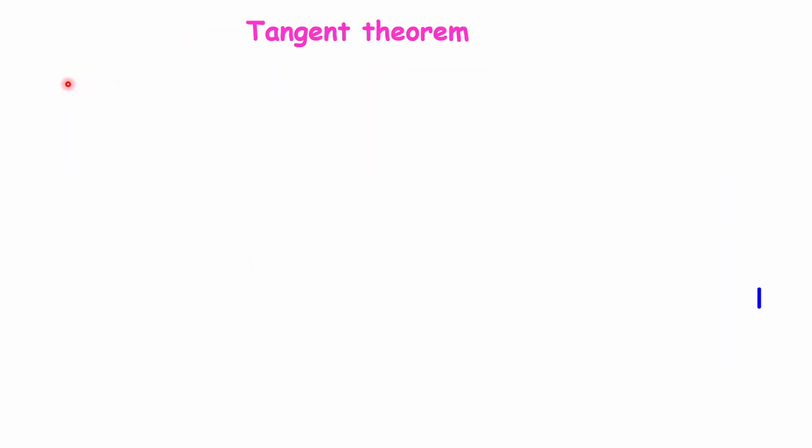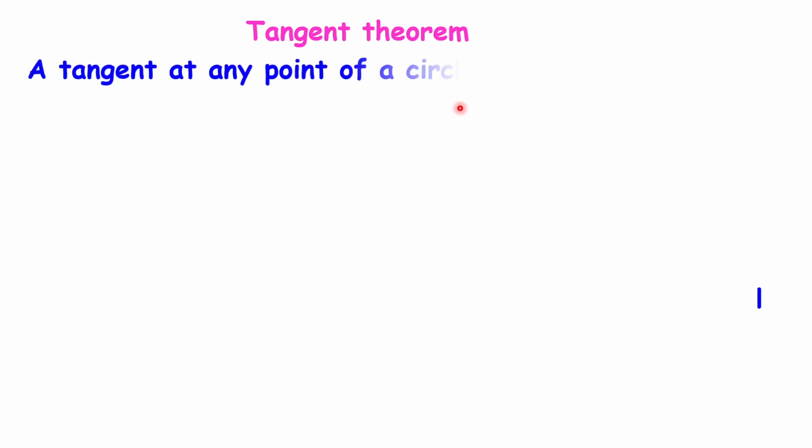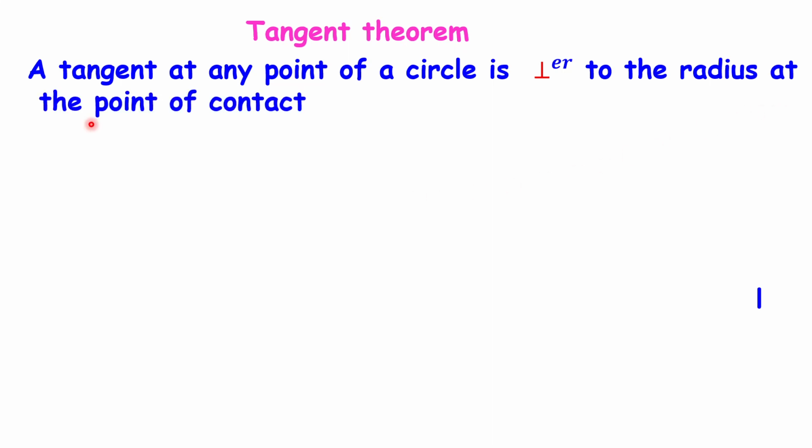Tangent theorem or tangent perpendicular theorem. A tangent at any point of a circle is perpendicular to the radius at the point of contact.